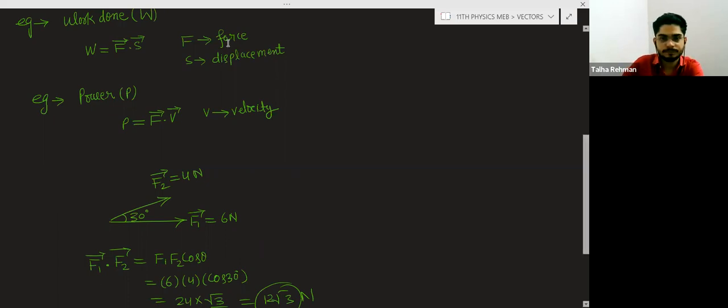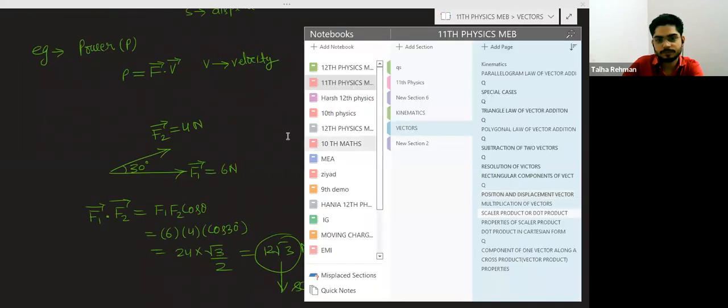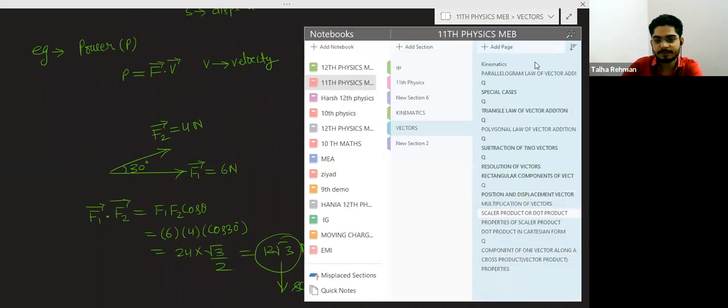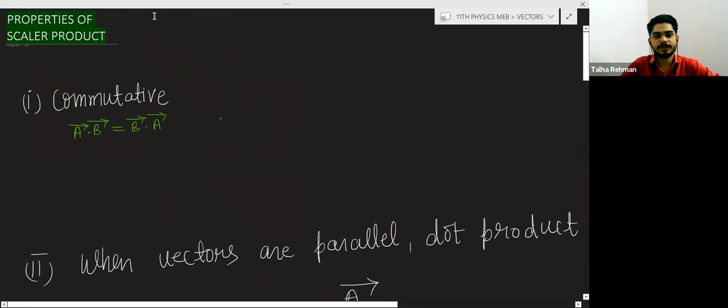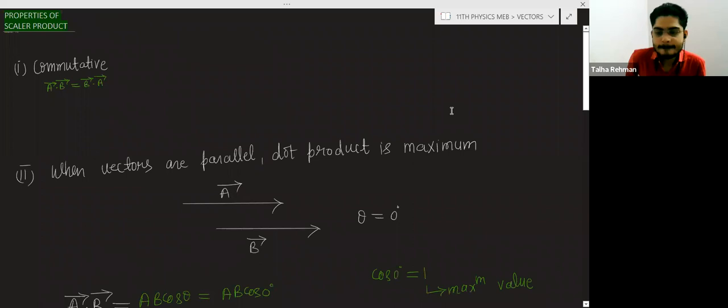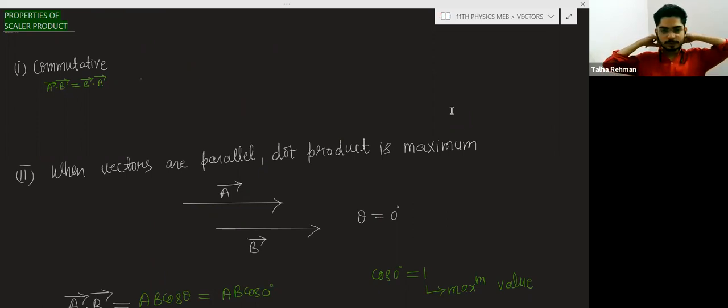You can only write W in the chat box when complete. It will save our time. So now we will use the properties of the scalar product to solve some questions. Very easy questions I will take.